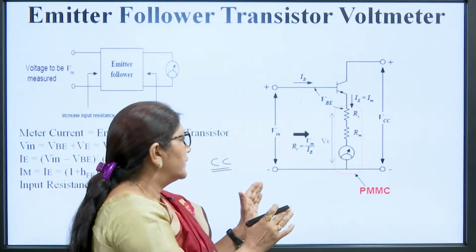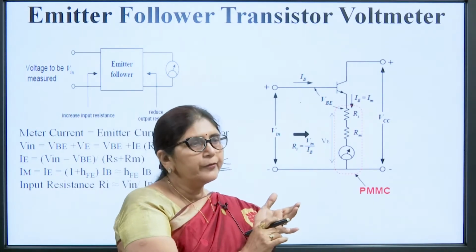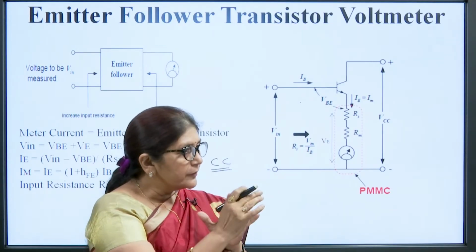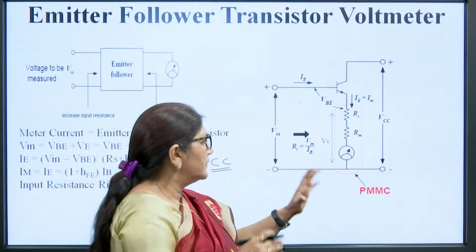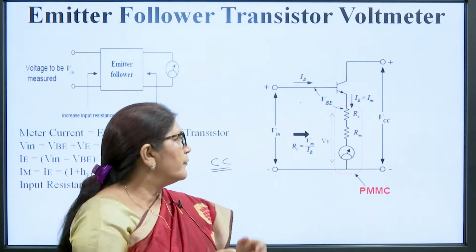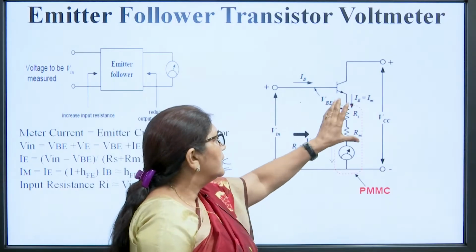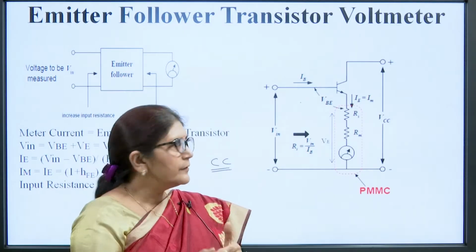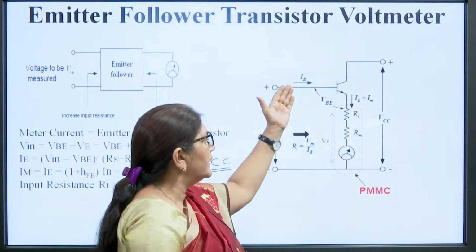In common base and common emitter configurations, we take the output from the collector terminal, but in this emitter follower transistor voltmeter, we take the output from the emitter terminal. This is known as the emitter follower because the emitter is following the current IB.